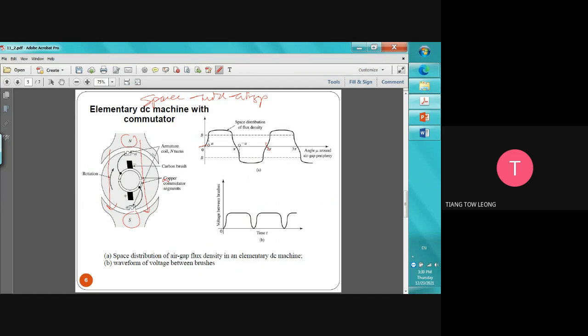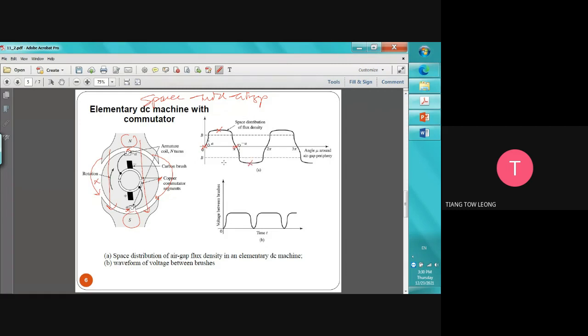So which means the fluxes crossing here will be less. Usually it's almost 0. So we can see that at the 0 position, it is 0. At the 90-degree position, it is maximum. At 180, 0. At 270, maximum in a negative position.